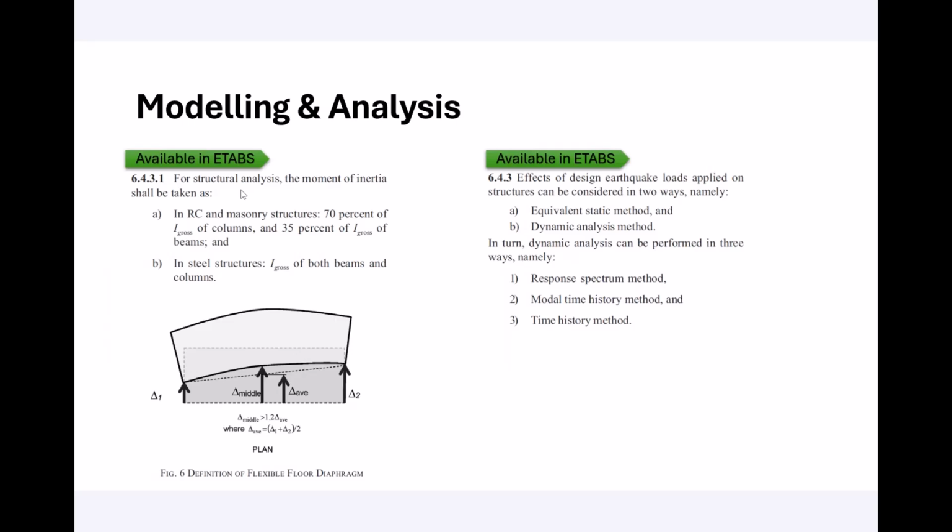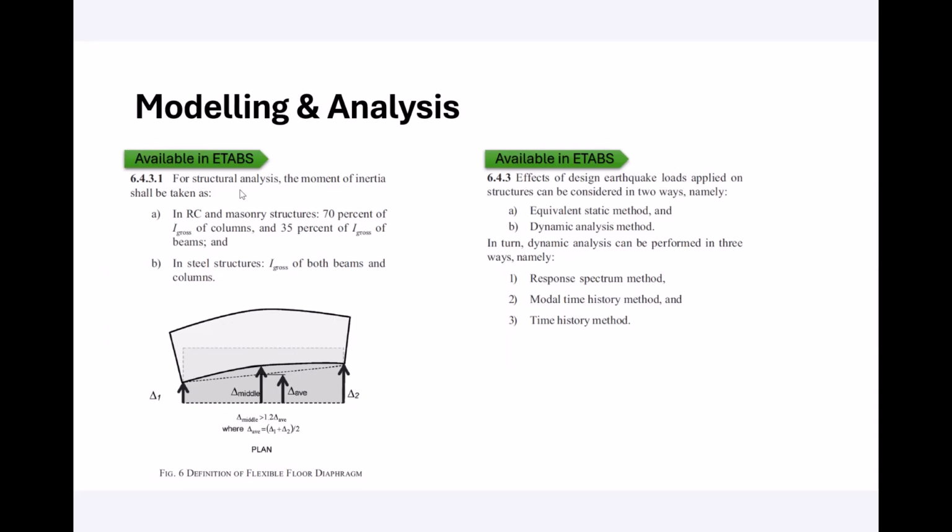And the types of analysis recommended in the code are the standard equivalent static method and then dynamic analysis. And in dynamic analysis, we have response spectrum, modal time history, as well as the time history analysis with nonlinear properties. So all of these are available in ETABS.